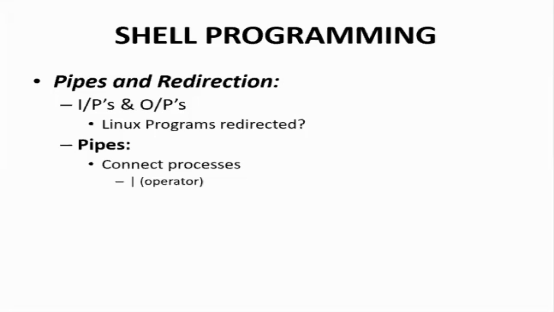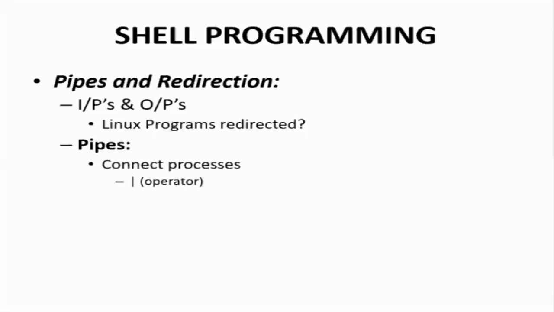As a simple example, I would like to discuss the sort command to sort the output of the PS command. That means when a PS command is executed, it shows the list of process IDs. I would like to sort the list of process IDs which was displayed by the PS command.